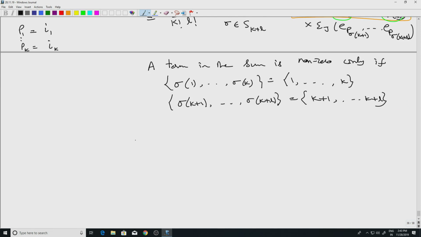Therefore we can write sigma equals tau times eta, where tau belongs to S_k, permutations on only k letters, and eta belongs to permutations only on l letters.